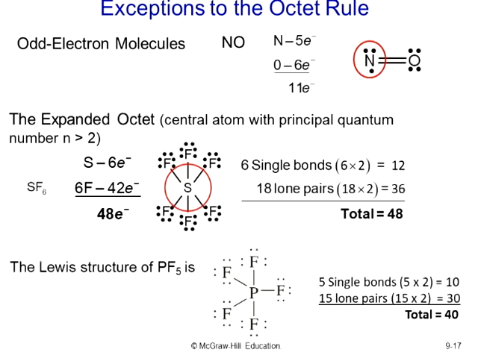Likewise for phosphorus, phosphorus is in group 15, therefore it has 5 valence electrons associated with it, and in its expanded format, it still has those 5 electrons associated with it. Again, these are some of the exceptions that you will see to the rules.